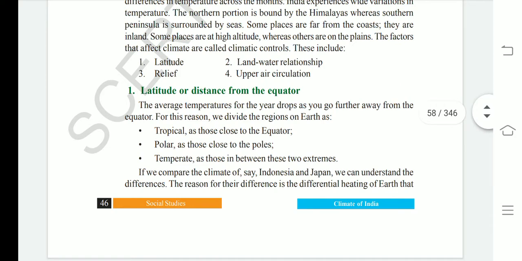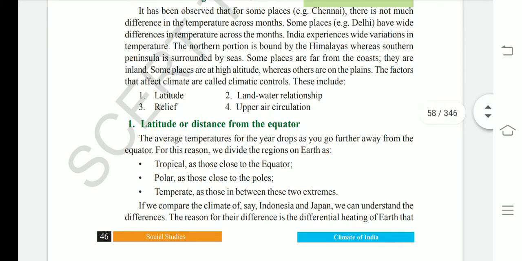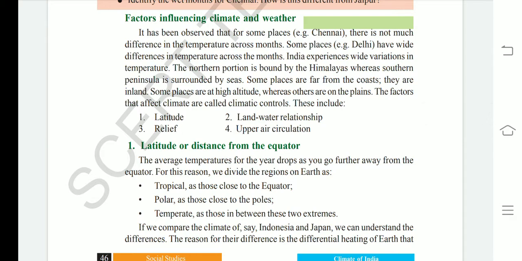Next, the land-water relationship. First, once again recapitulating latitude: how does it influence the climate of a place? The temperature at lower latitudes, that is at the equator, is high. The temperature is low moving from the equator to either the north pole or the south pole, because the temperature of a place depends on the insolation it receives.